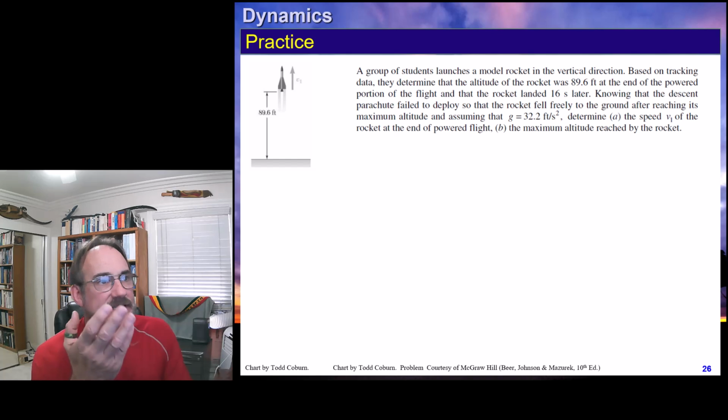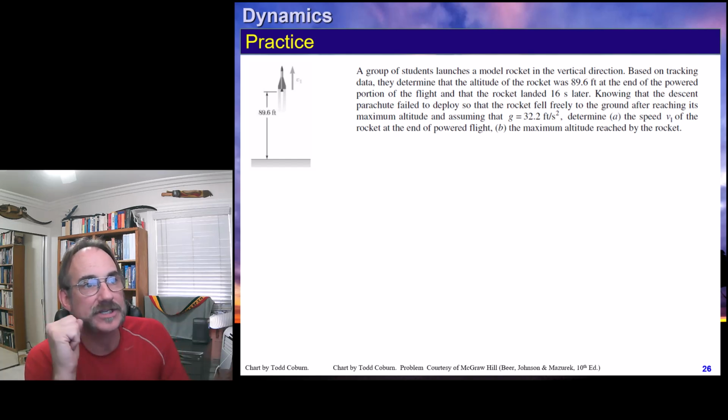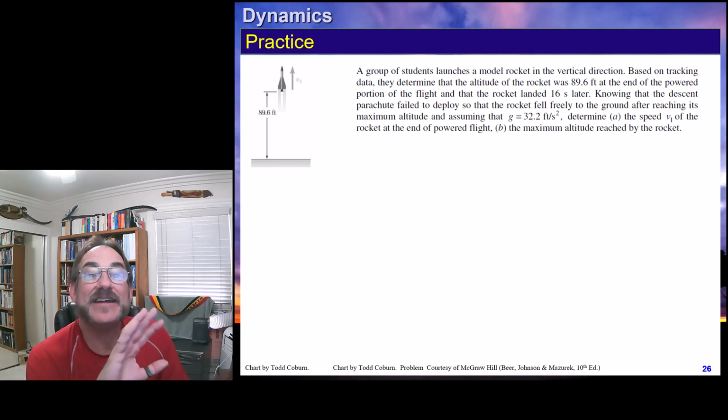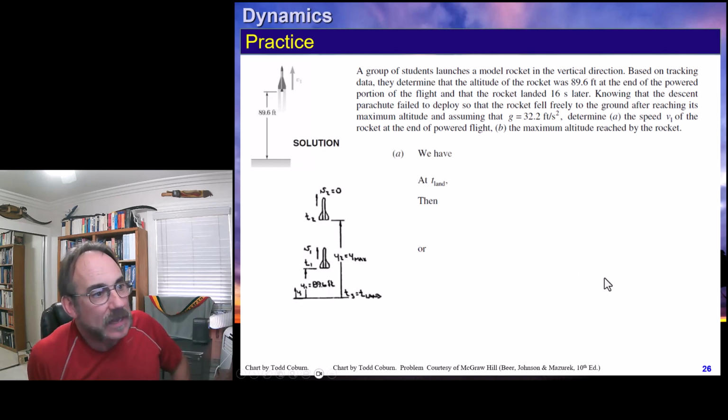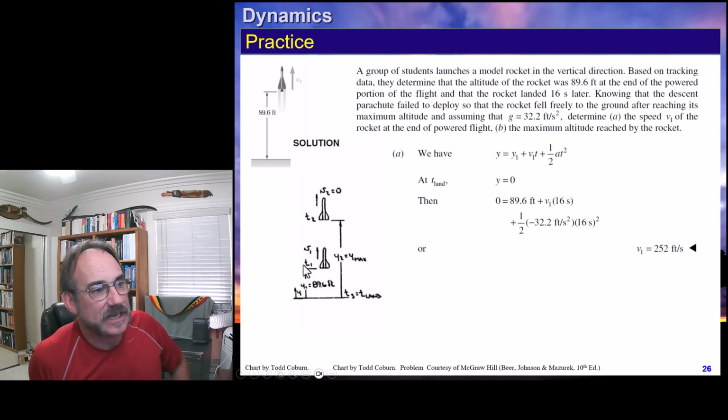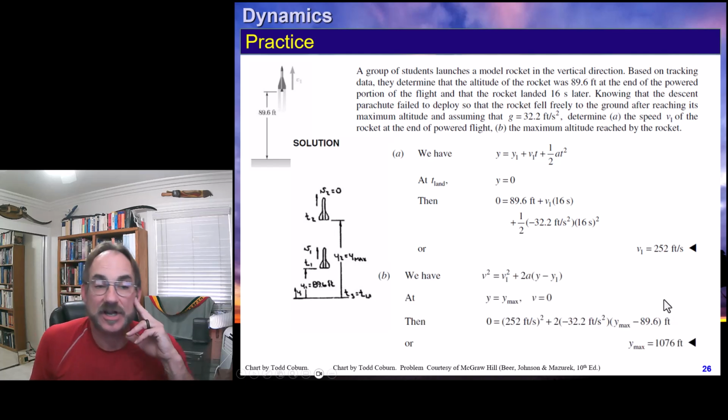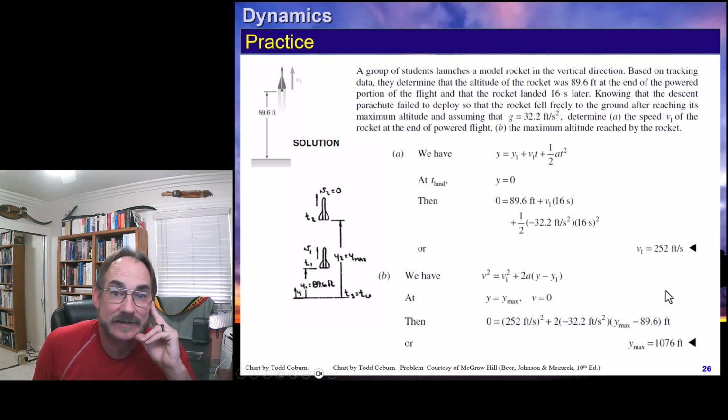And the descent parachute failed to deploy, so it falls to the ground, assuming our constant g pulling it downward. This is the same problem, we just have different pieces of information to plug and chug for. We look at our three positions, the initial, that point where it starts dropping, and the final, and we can plug and chug like that. Got it?